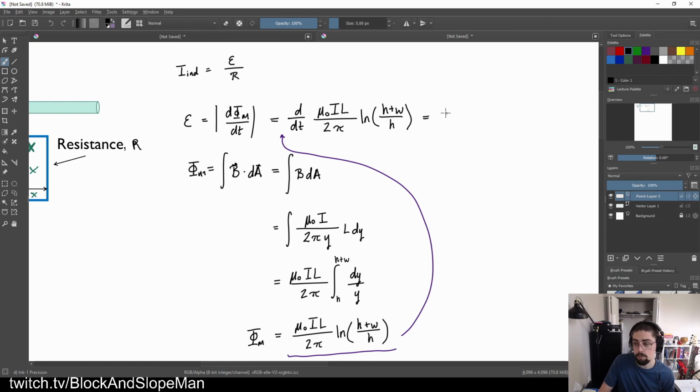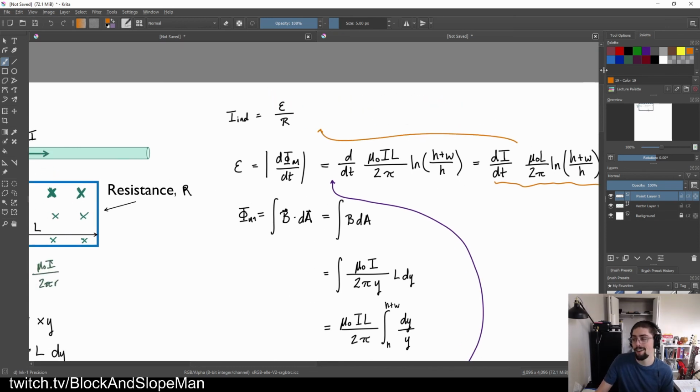So my final expression, for the potential at least, is dI/dt times μ₀L over 2π natural log (h plus w). So our very, very final step, now that we have the induced potential, I bring it back up to my original first equation.